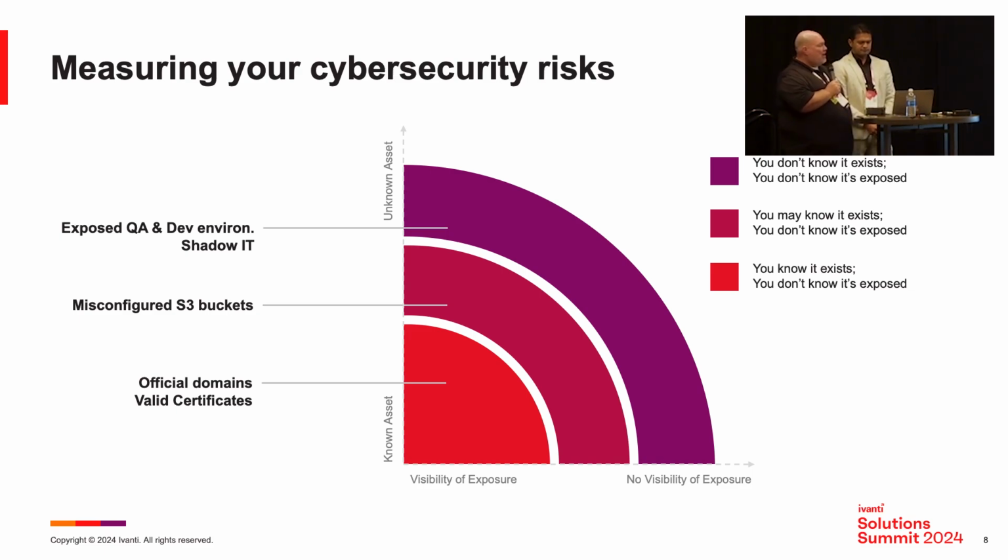And finally, the last ring are things that you probably don't know exist, and you don't know are exposed. These are things like dev and QA environments that may be out there that you're unaware of, and a large portion of shadow IT. Shadow IT comes in many shapes and sizes, but one of the easiest examples is: I gave Bob the directive to go get XYZ done. I told him he could hire an intern.